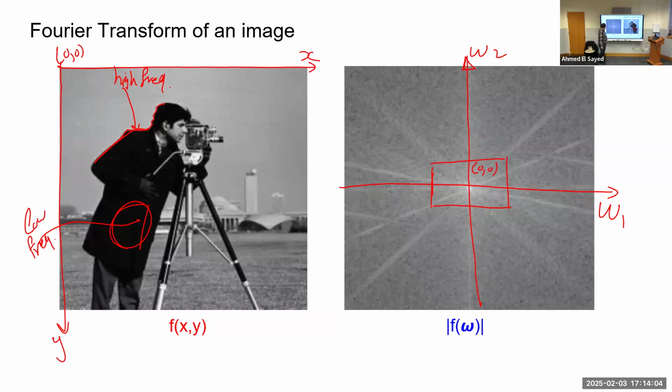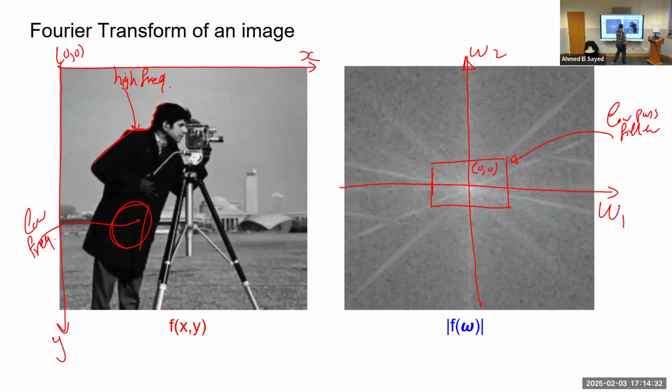So that's what we call low pass filter. If I want to pass the high frequency components, I will do the opposite. If I want to do band pass, then I will choose the range and apply it and stop the others.